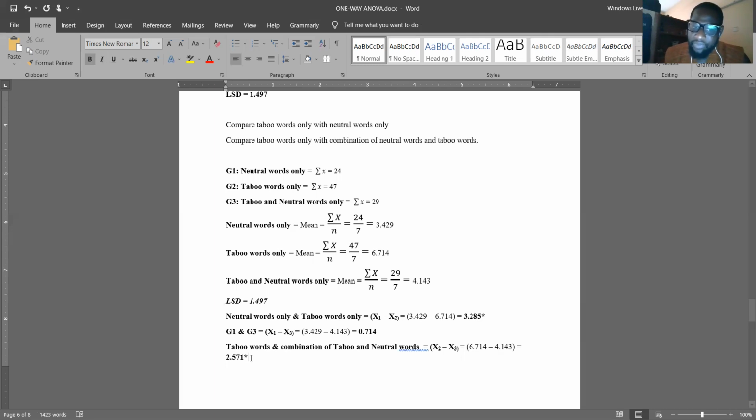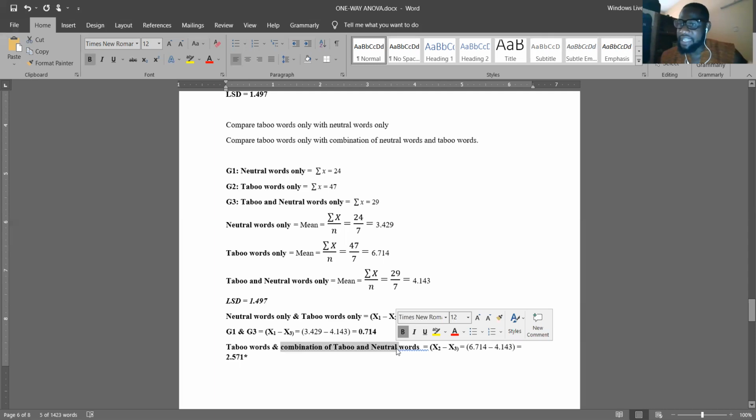And when you check, 2.571 is greater than 1.497, meaning that there is a significant difference between taboo words only and combination of taboo words and neutral words.